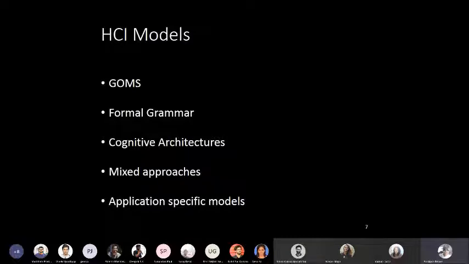But besides GOMS, there were other attempts at making similar HCI models or user models, like using formal grammar, which is generally taught in linguistics, and if any of you have gone through any course on automata theory or compiler design, you may be well aware of formal grammar.